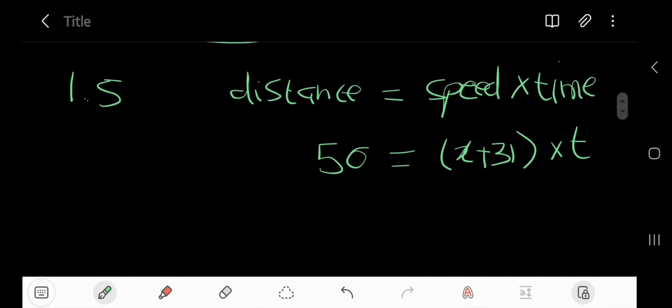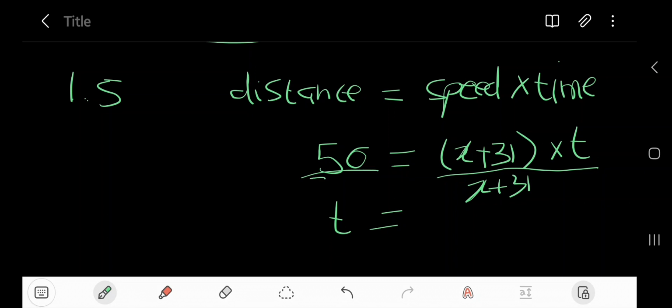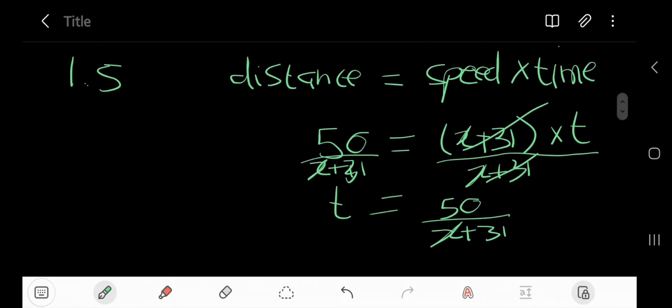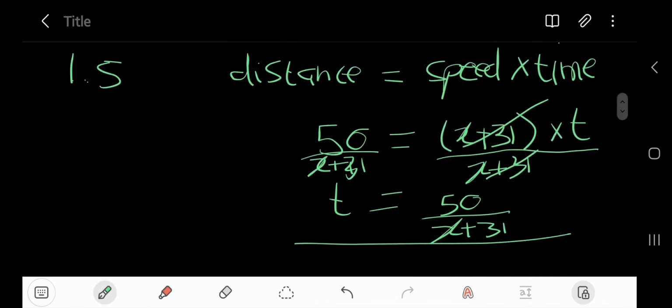In order to get the time independently, we need to divide both sides by x plus 31, because it's multiplying the time. The only way to get rid of multiplication is to divide. So we divide both sides by x plus 31, and this cancels that. So our time is equal to 50 over x plus 31. This is what we have there as our time.